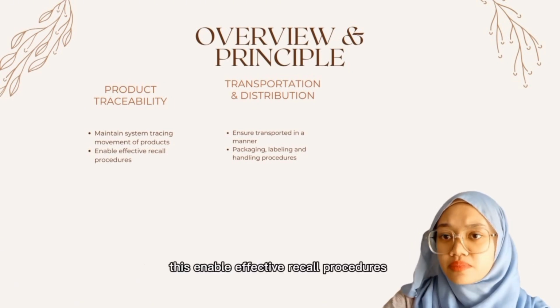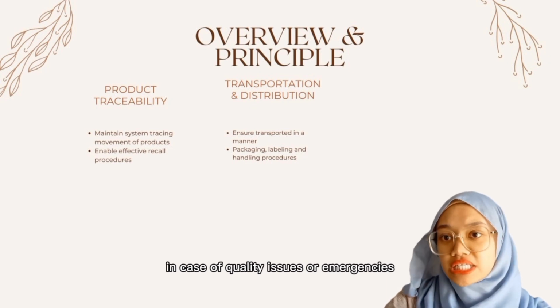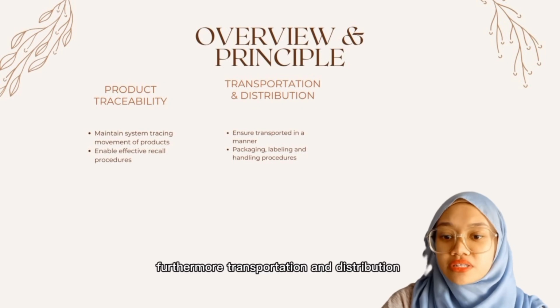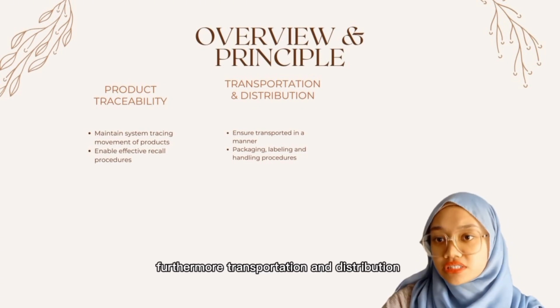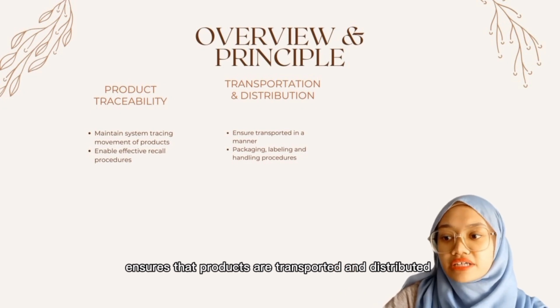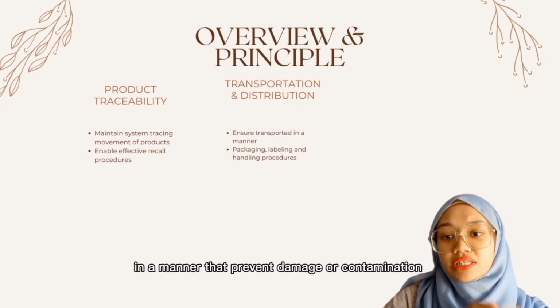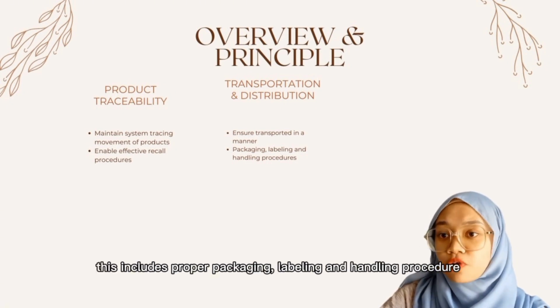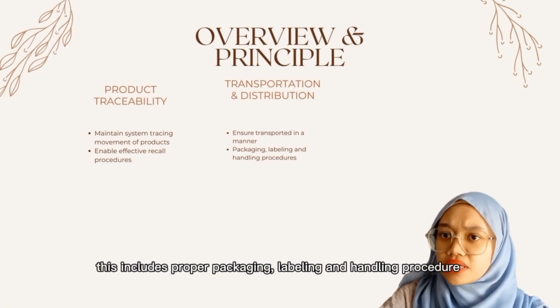This enables effective recall procedures in case of quality issues or emergencies. Furthermore, transportation and distribution. Ensure that products are transported and distributed in a manner that prevents damage or contamination. This includes proper packaging, labeling, and handling procedures.